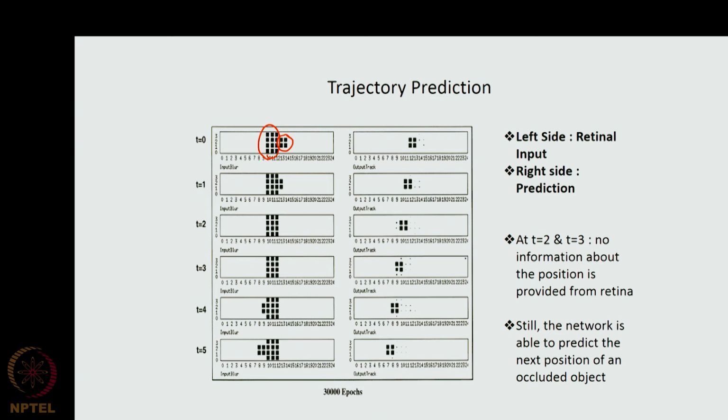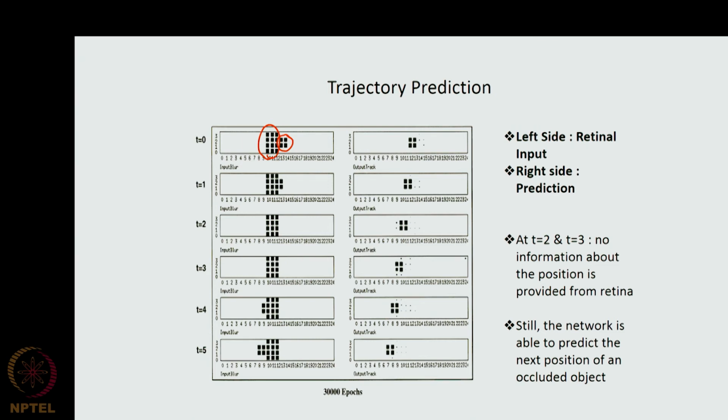What you see in the left set of columns of images is the object coming from the right, and it just enters and goes completely behind the screen, and it stays like that for two steps, and then at t equal to 4 it begins to emerge from behind the screen, and at t equal to 5 it is completely out of the screen.